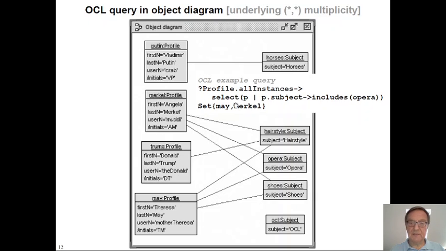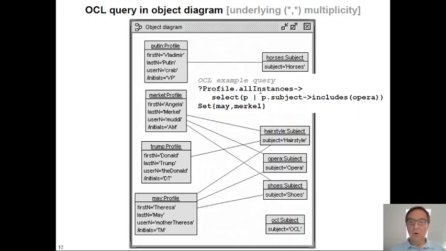And the answer for this query is a set of profiles, namely the set May, Merkel, because you can look at the opera subject and you see that opera is connected to Merkel and opera is connected to May. Neither Putin nor Trump are in the result here.